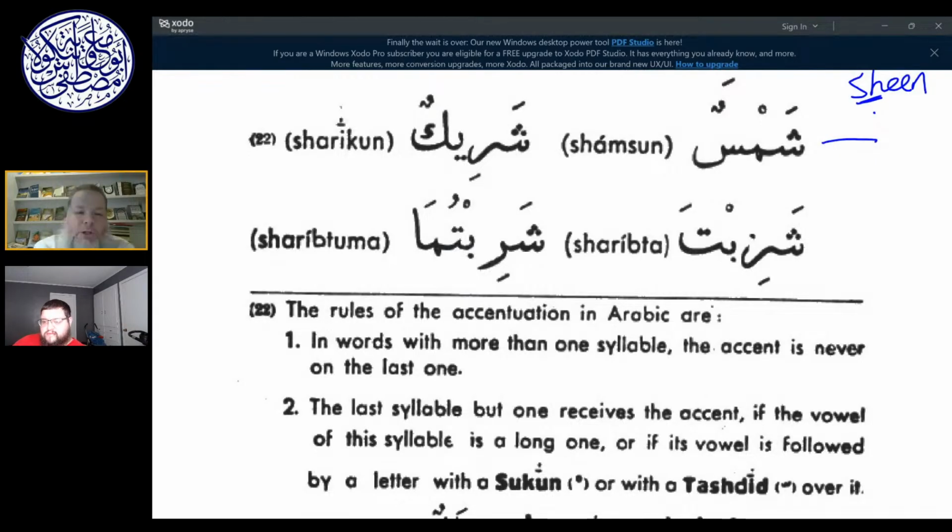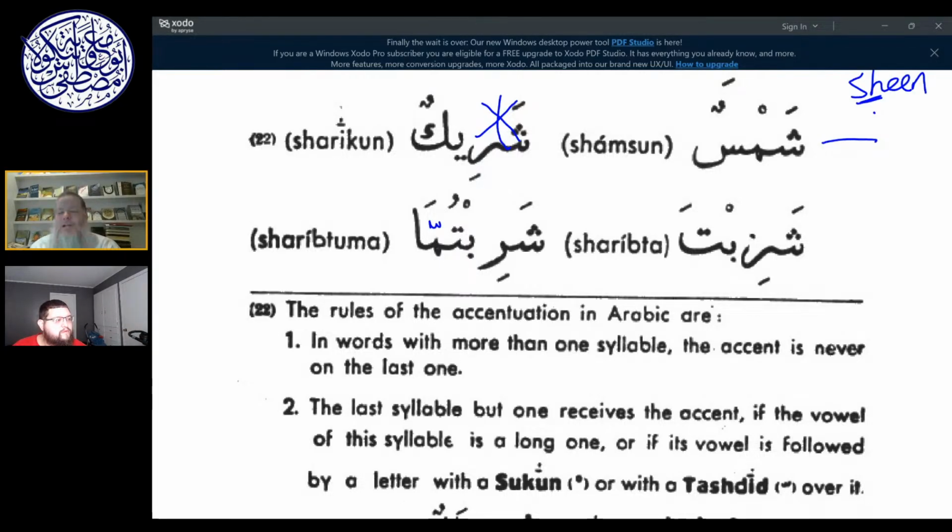Either we don't pronounce the long vowel, or we put one where it doesn't belong, like when you said sharik, it didn't belong there. Here it belongs, and maybe you skip it. The other mistake that we're known for is we put a shadda where there isn't one, or where there is one, we don't pronounce it. Those are our major mistakes.